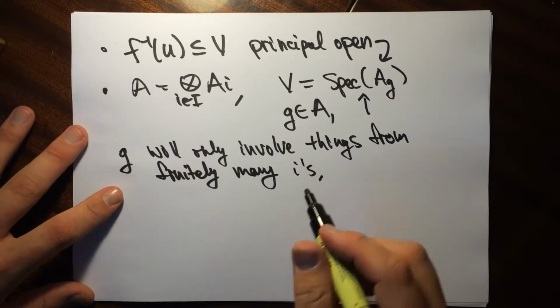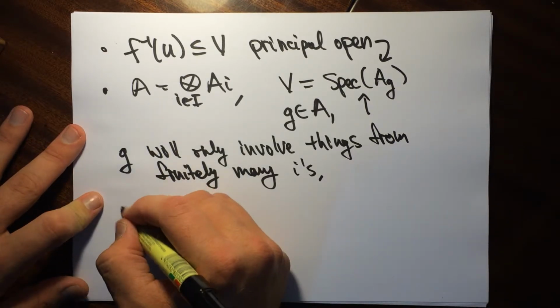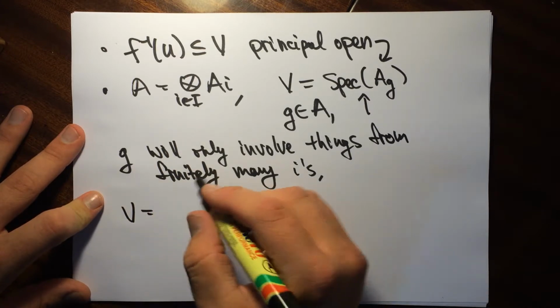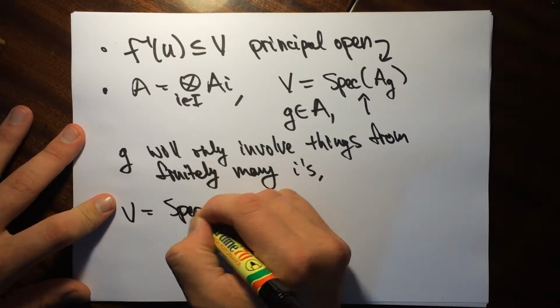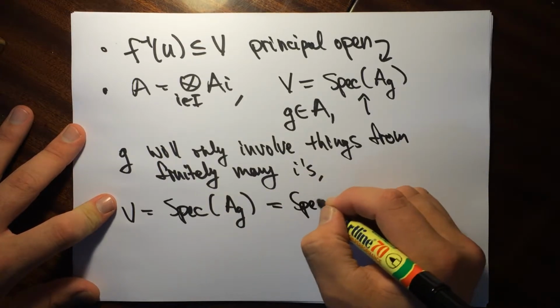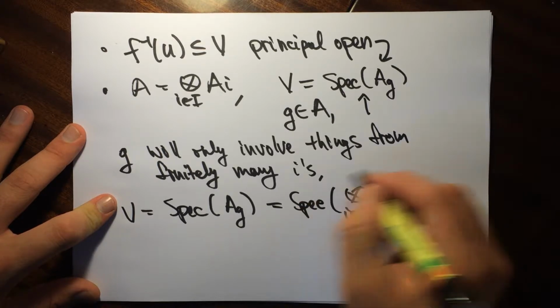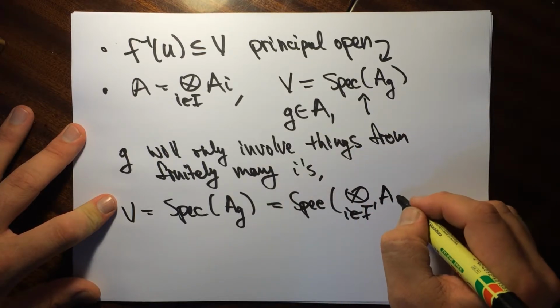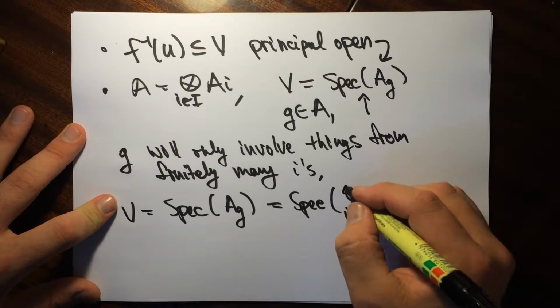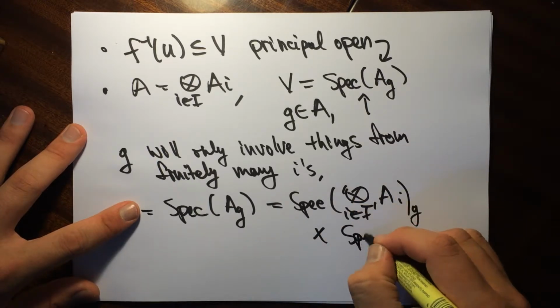So in particular, V is going to be Spec of A_g, and it's actually going to look like Spec of the tensor product, and here is where the finitely many comes in, of I prime, with g, crossed with Spec.